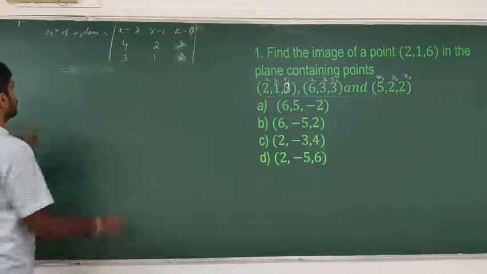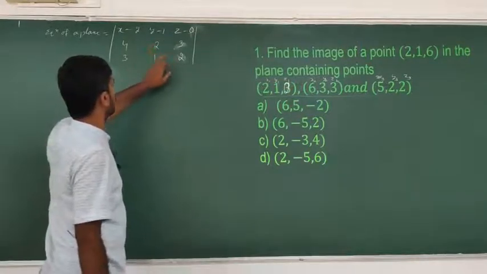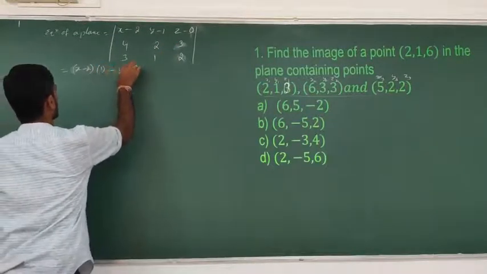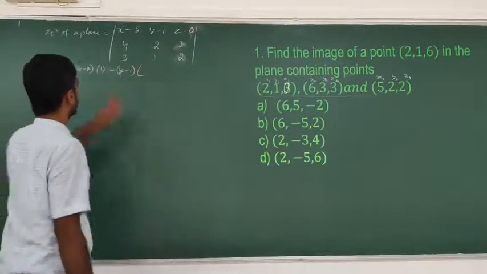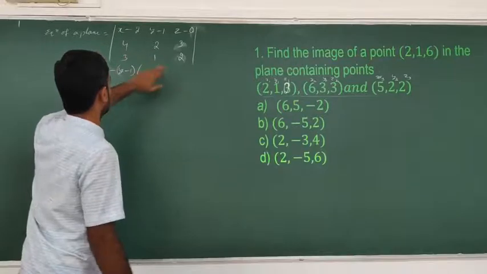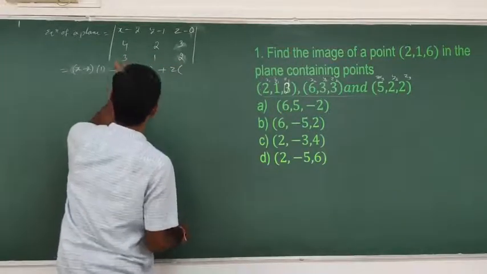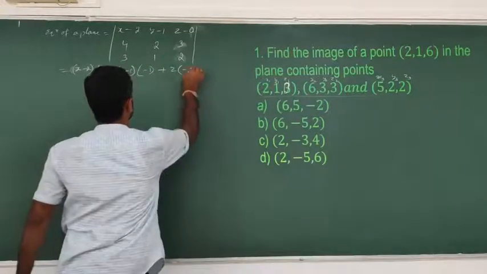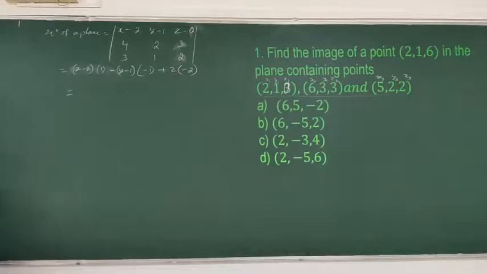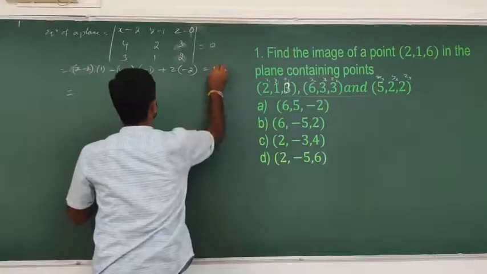Now the equation of the plane is x minus 2 into (2 2s are 4, minus 3 1s are 3, 4 minus 3 is 1), minus of y minus 1 into (4 2s are 8, minus 3 3s are 9, 8 minus 9 is minus 1), plus z into (4 1s are 4, minus 3 2s are 6, that is minus 2), equal to 0.